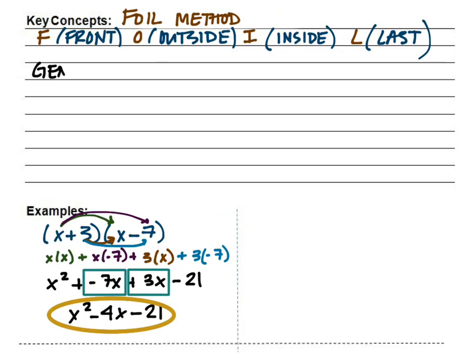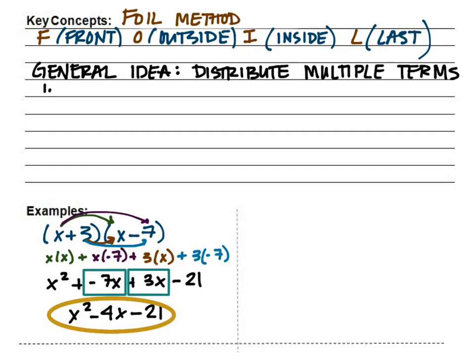So the first piece is the general idea we want to use, which is distributing multiple terms. We're familiar with distributing one specific term, like in the idea of 3 being distributed to x plus 14y minus 7.